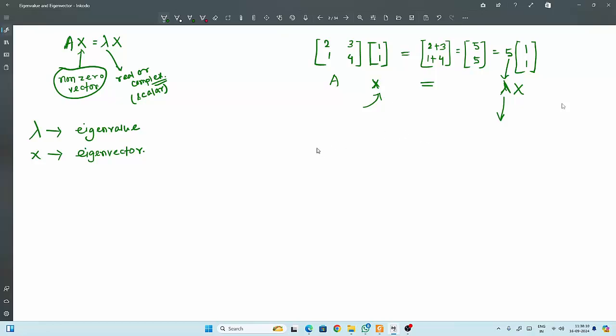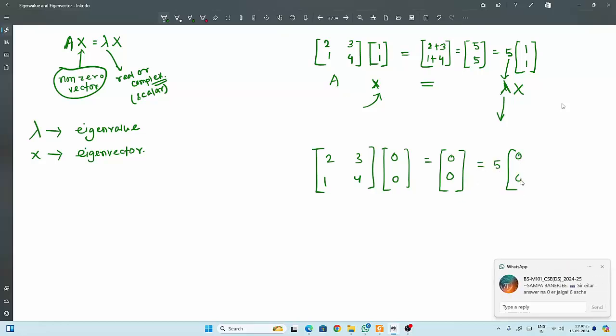Why? Because if we allow the zero vector in that matrix [2 3; 1 4], you will get [0 0]. Now [0 0] can be represented as 5 into [0 0], or 6 into [0 0], or 7 into [0 0], whatever.